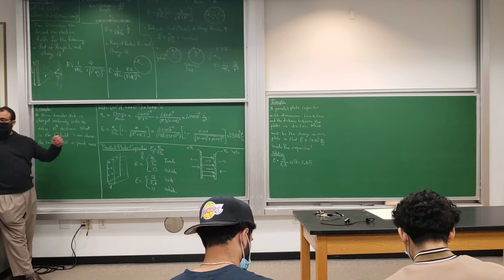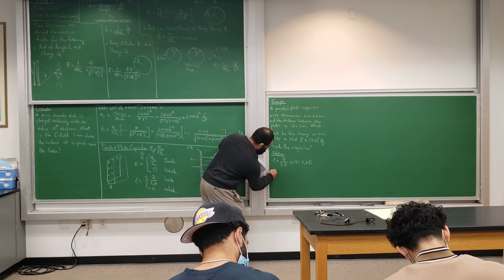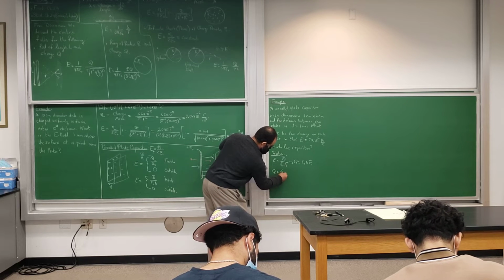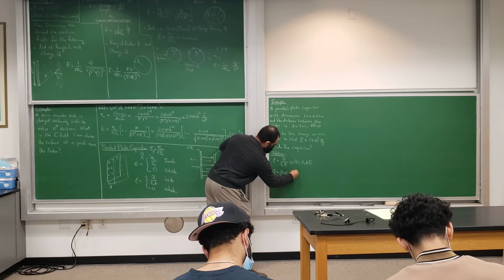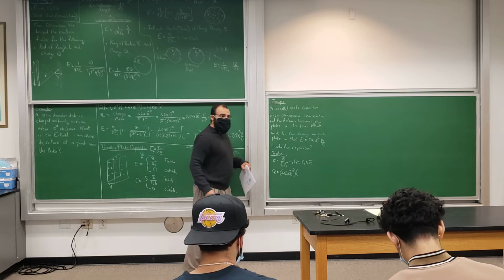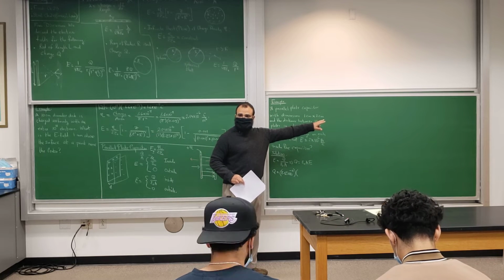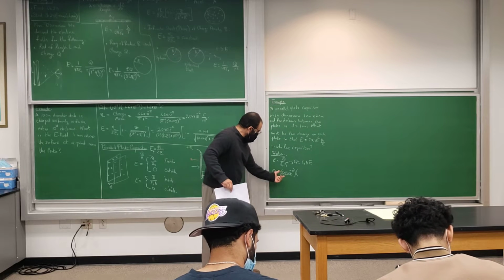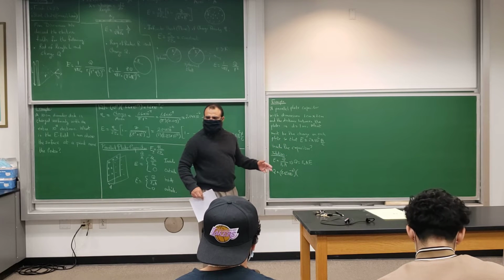So we need to plug in some numbers. Q, epsilon naught is 8.85 times 10 to the minus 12. The area is length times width, so a 1 centimeter by a 2 centimeter. You want meters, because epsilon naught has units of coulomb squared over newton meters squared.